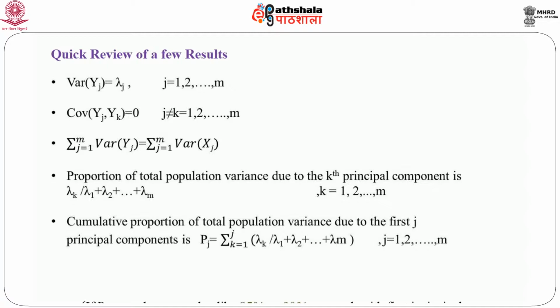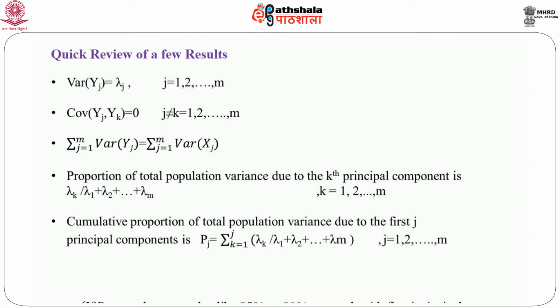The proportion of the total population variance explained by the kth principal component is given by lambda k divided by lambda 1 + lambda 2 + ... + lambda m, and here k runs from 1 to m. The cumulative proportion of the total variability explained by the first j principal components is denoted by capital Pj.